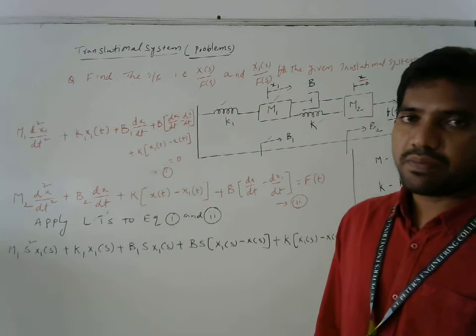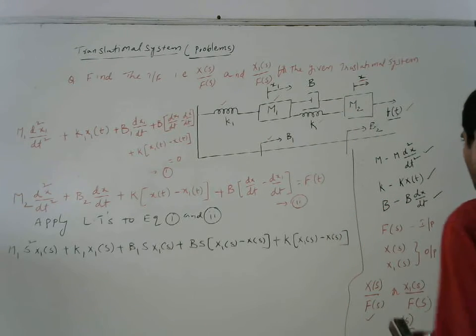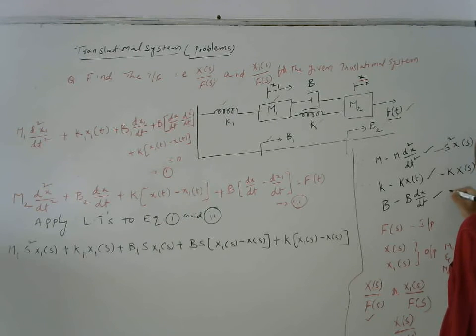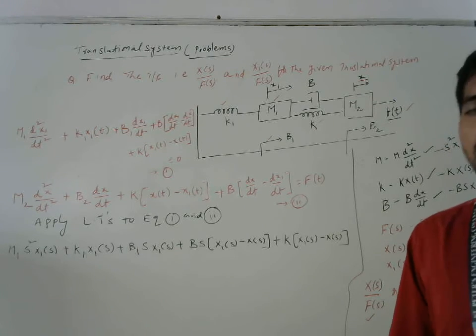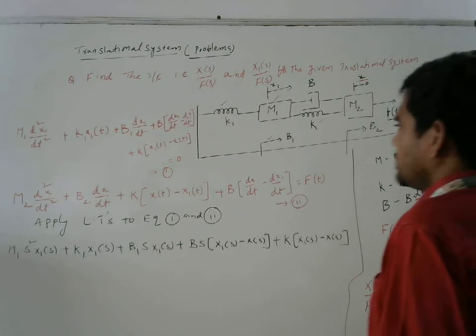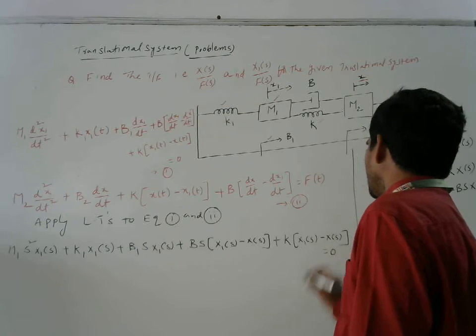Just I am applying the Laplace transform. Don't get confused. M into d square x by dt square means s square into x of s. Here k into x of s. Here b into s into x of s. That's it. If it is a first order differential equation, you need to write s into x of s. If it is a second order differential equation, in the place of d square, you need to write s square into x of s, which is equal to 0 here.